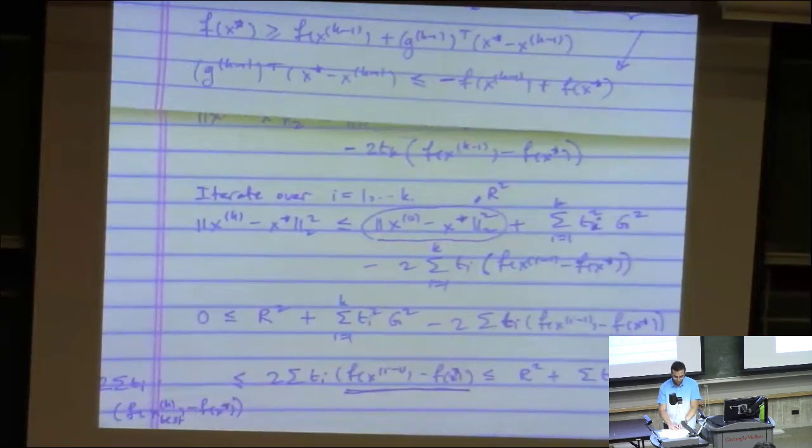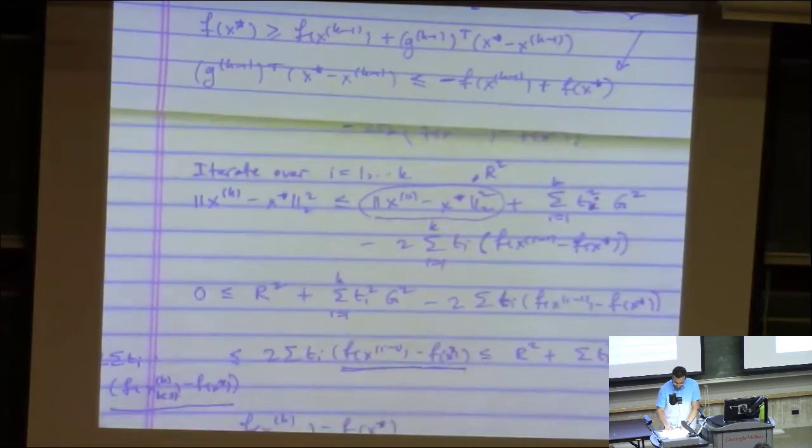This is the one that achieves the minimum over all iterations. And now this is essentially the result that we're looking for, because this is what we wanted to provide some control over, the difference between the best after k iterations and the optimal criterion value.